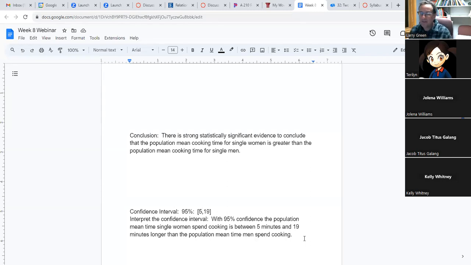Any questions on this confidence interval interpretation? Let me highlight population because, again, you've got to have those words. You've got to refer to the population when you're talking about the conclusion and the confidence interval interpretation. Any questions at all? Do you agree this is real similar to last week?